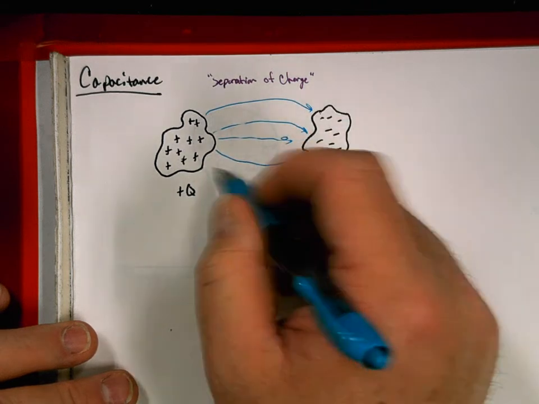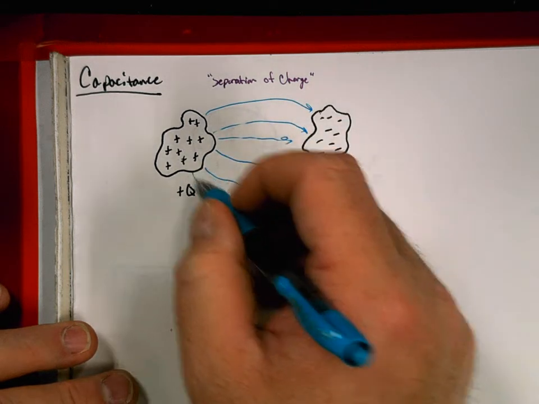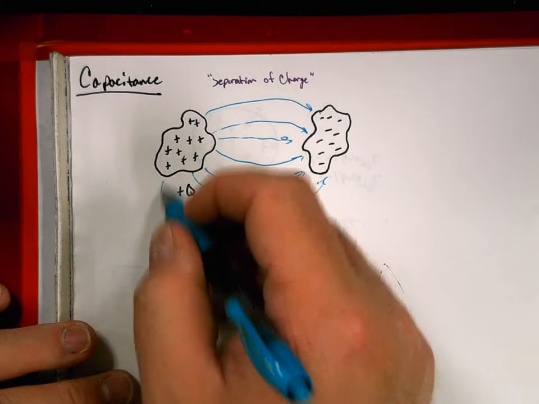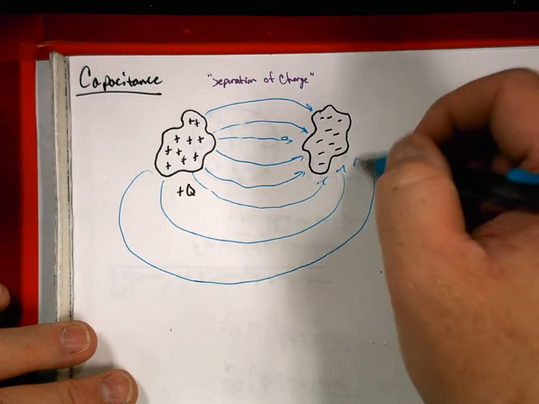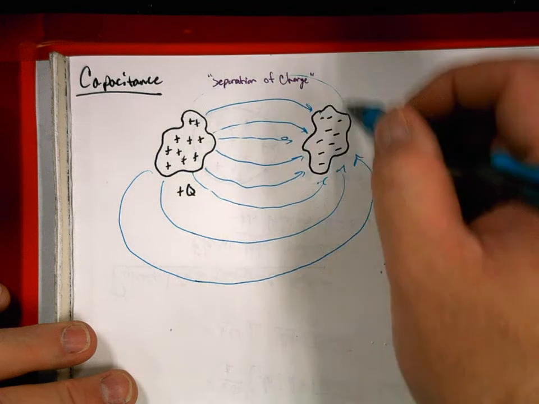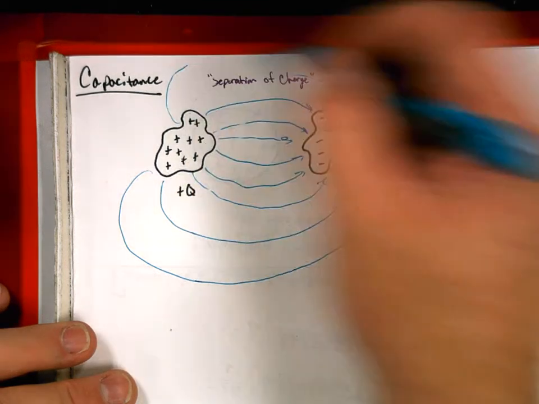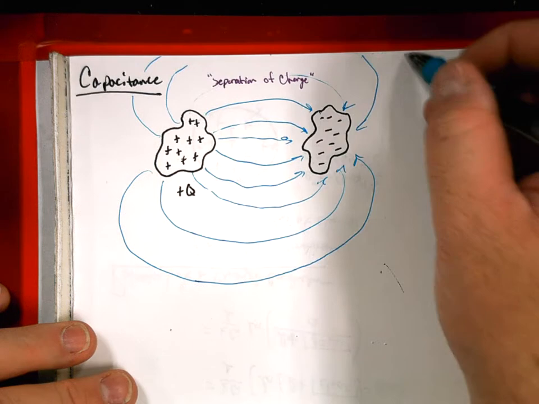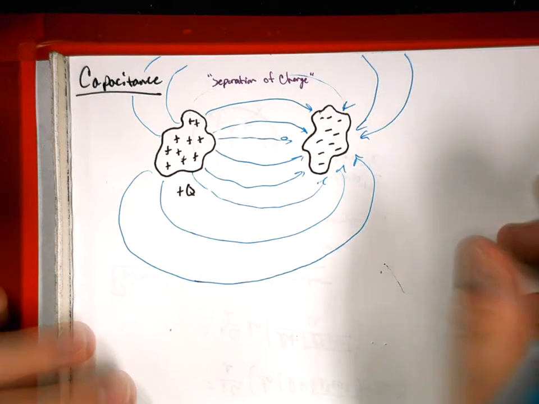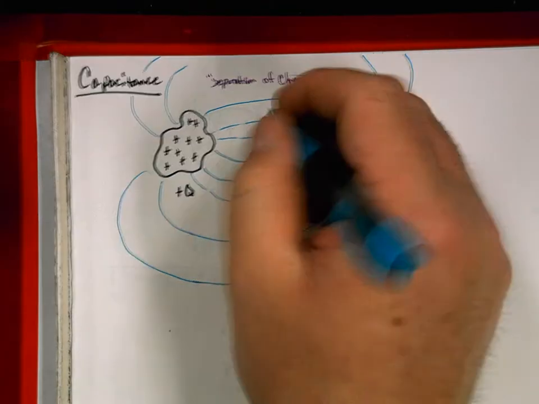Remember, if we're drawing our field lines, it kind of looks like this. This is our electric field.